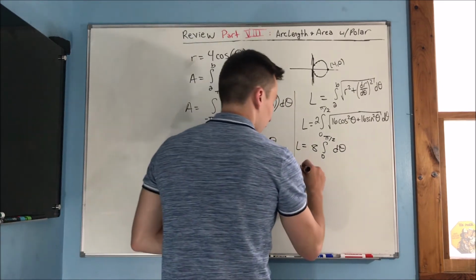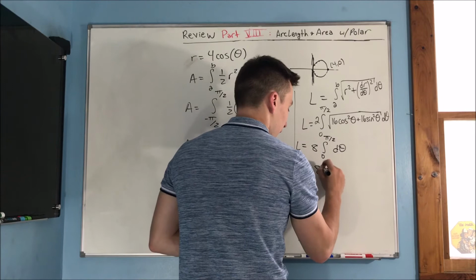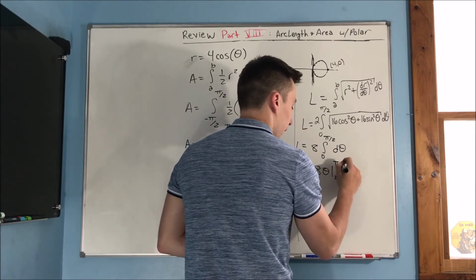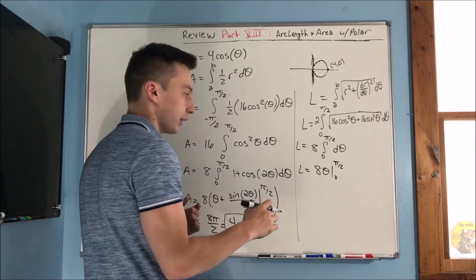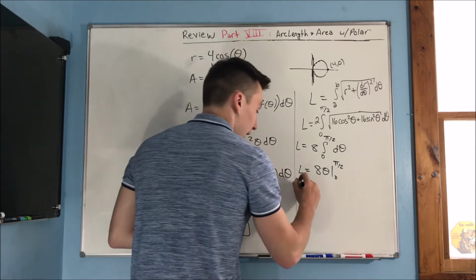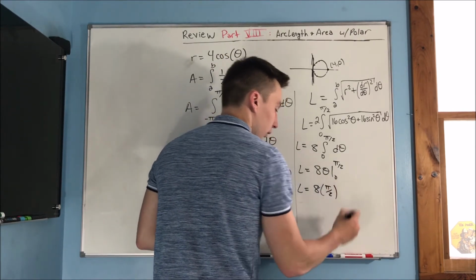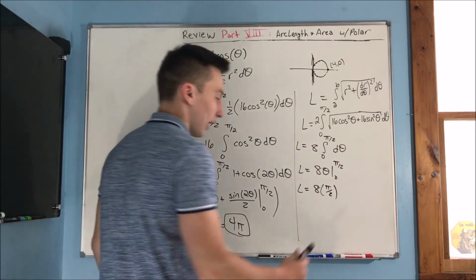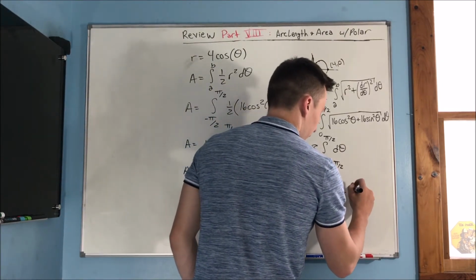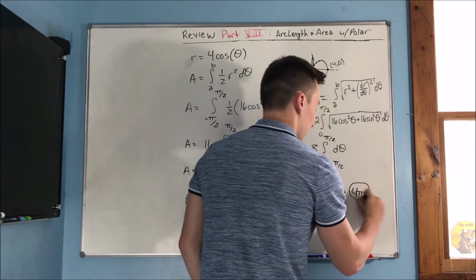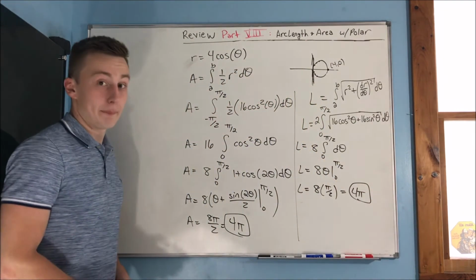So we get that the arc length is equal to 8 theta evaluated from 0 to pi over 2. Again, we get that our arc length equals 8 times pi over 2, which we had in the last one for our area. So our arc length will also equal 4 pi.